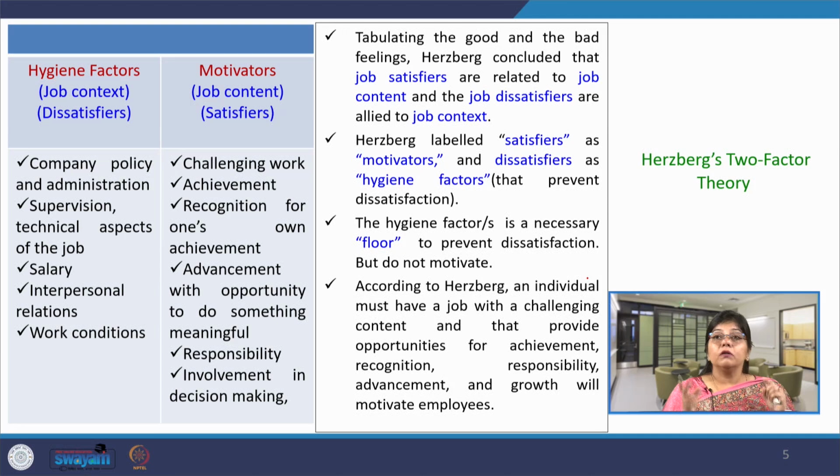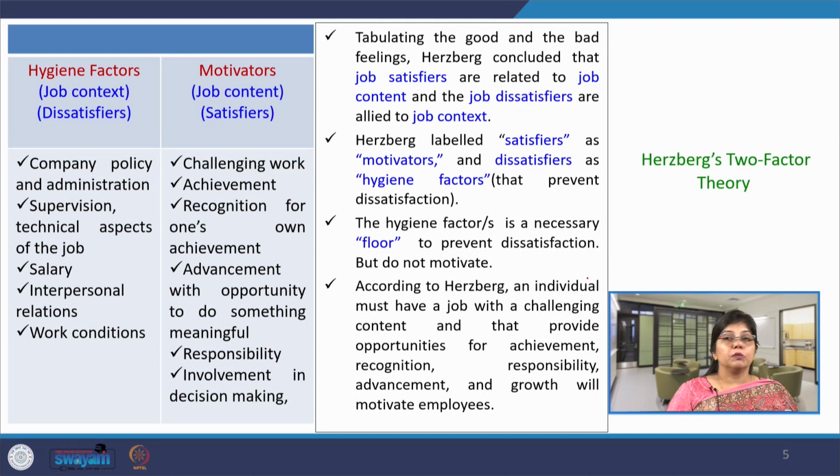Based on the responses of the 200 accountants and engineers, it was found that there were certain factors which were very much related to the job and they were basically just satisfying, that is it. But there were certain factors which went beyond satisfaction and they motivated, that means the employees were motivated.